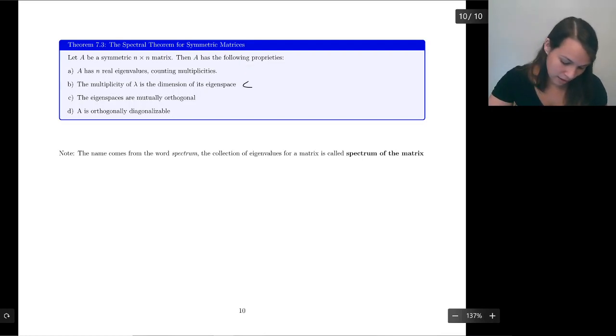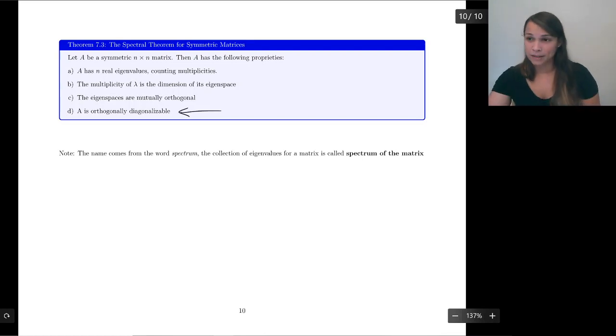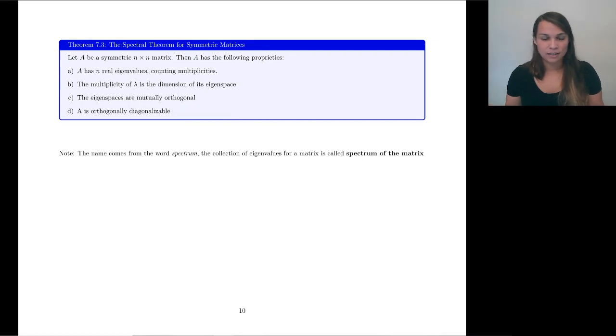And then I just proved that on the last slide. And then we already proved that. And we already proved that. So there we go. If A is symmetric, we get some pretty cool things about diagonalizing it, which gives us really cool things about its eigenvalues and eigenvectors.